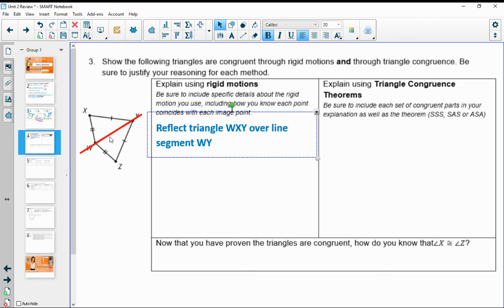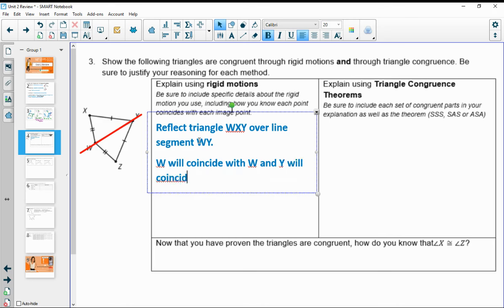And then you have to say how you know that all of the vertices will coincide with these other ones to prove that it's congruent. So we know W will coincide with W, and Y will coincide with Y since they are on the line of reflection. So they won't move.